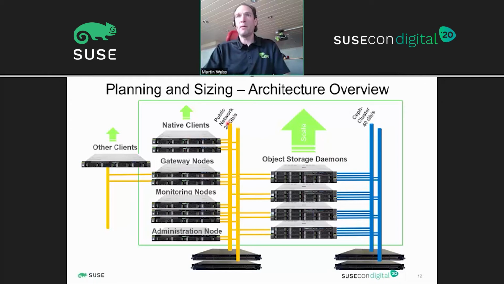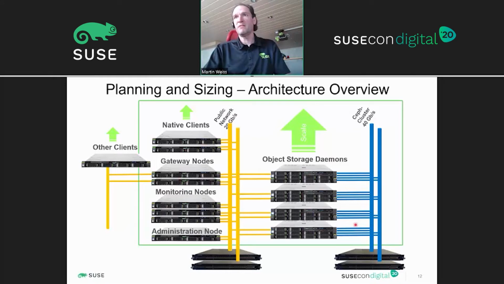But if you have, for example, SMB or NFS or S3 clients, you need these gateways. These gateways translate the NFS, SMB, or S3 protocol into the native Ceph protocol. And that's why we need them as a man in the middle. And the more clients we have, which I call here other clients, we need more gateways based on the scaling we need for that.